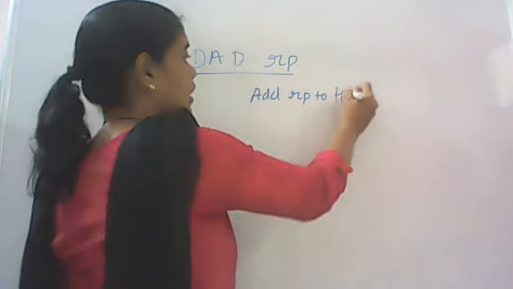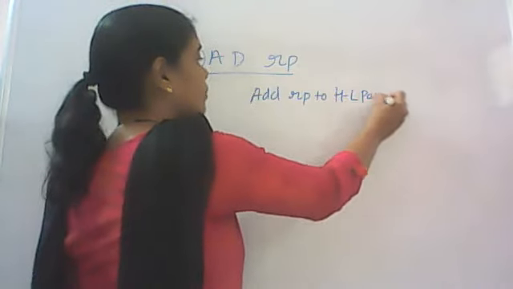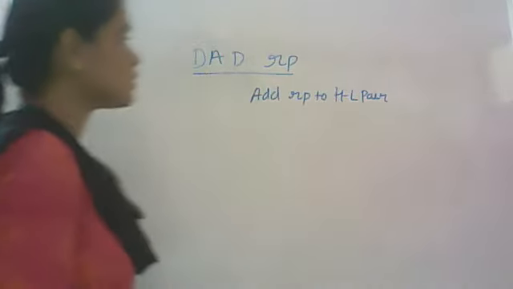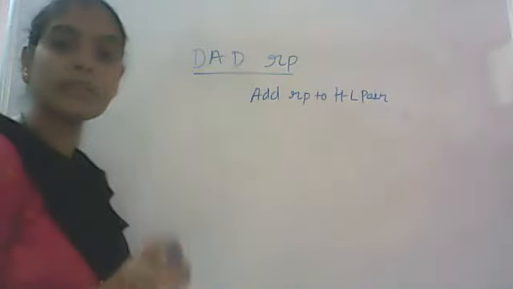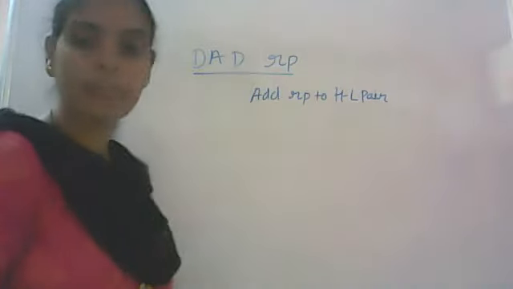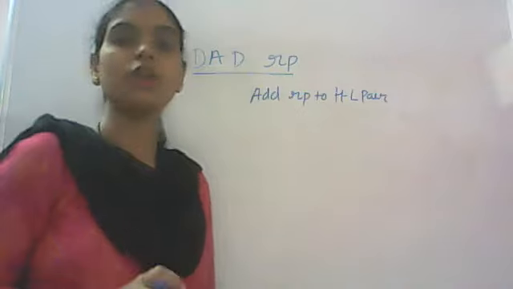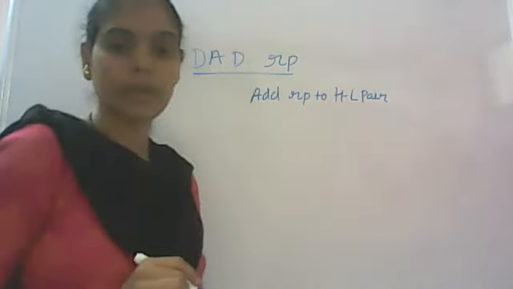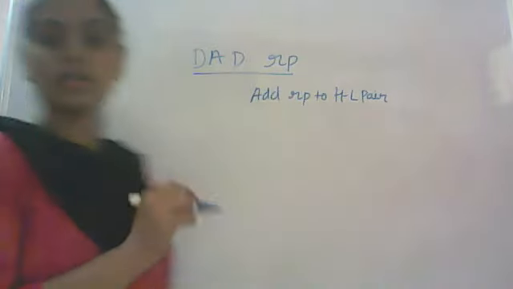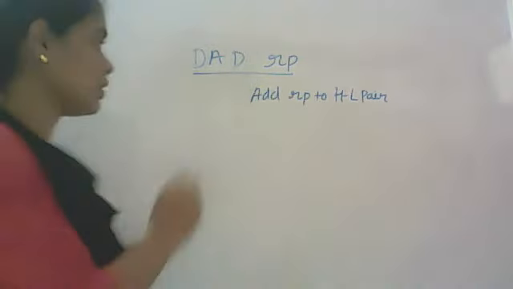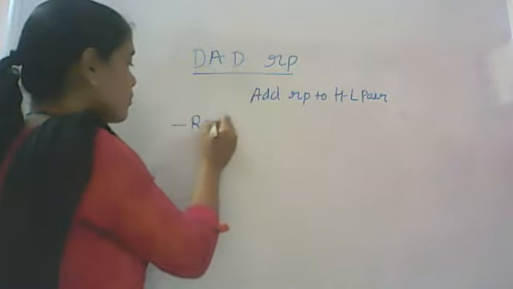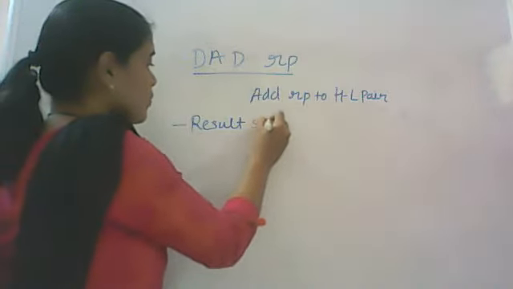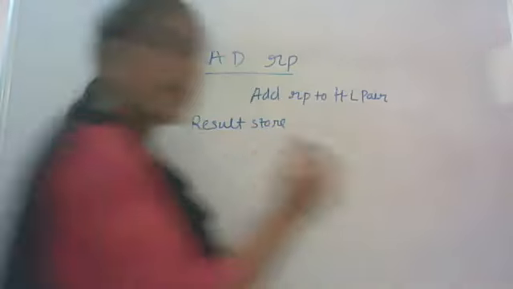Using this instruction, 16-bit content of register pair is added to the content of HL register pair. The result is stored in HL pair.